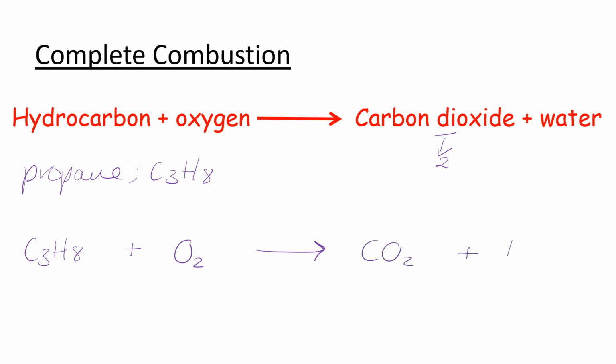And water with the formula H2O. We need to balance that equation to make sure that we have the right amount of each atom on both sides of the arrow. And there you have a fully balanced combustion equation for propane.